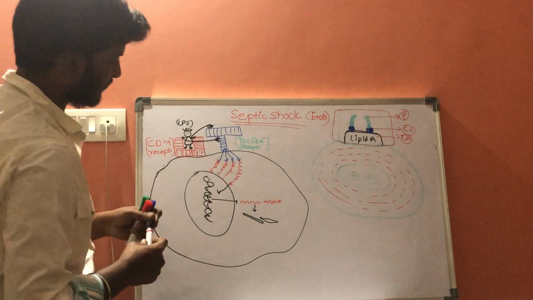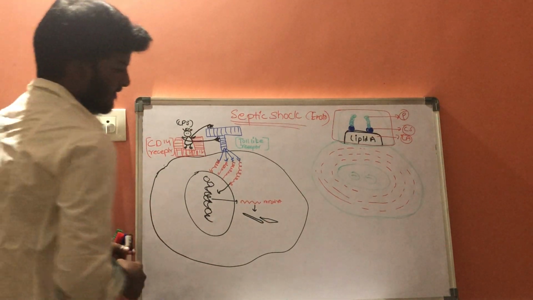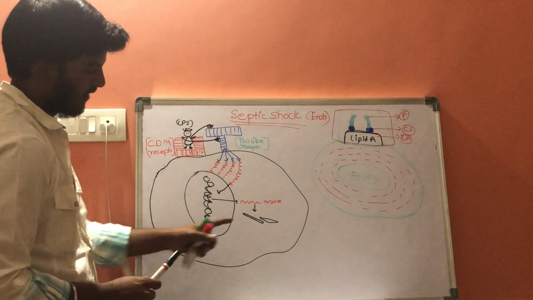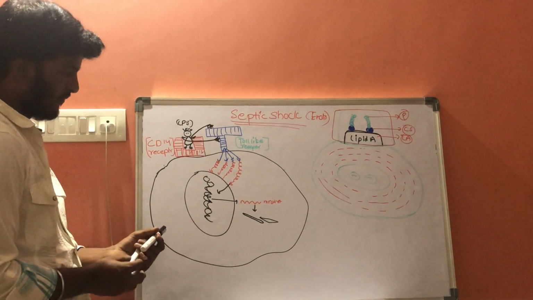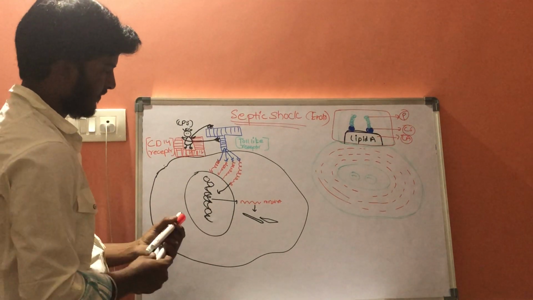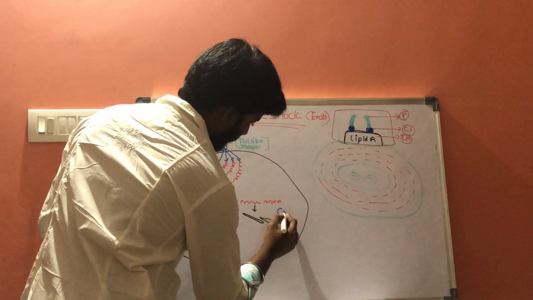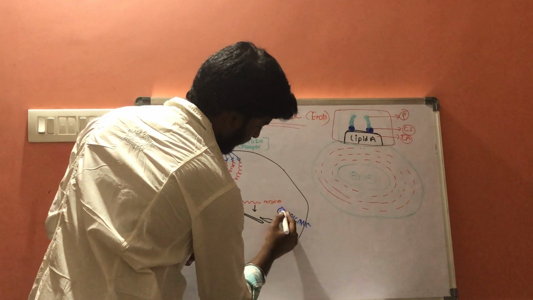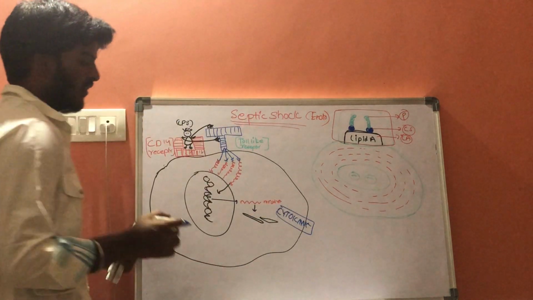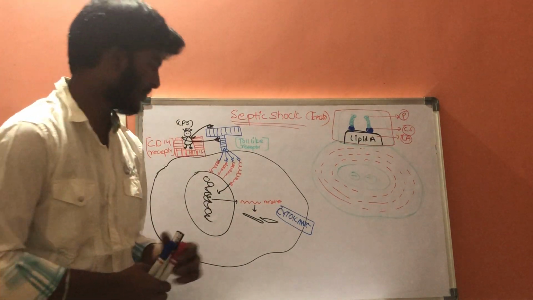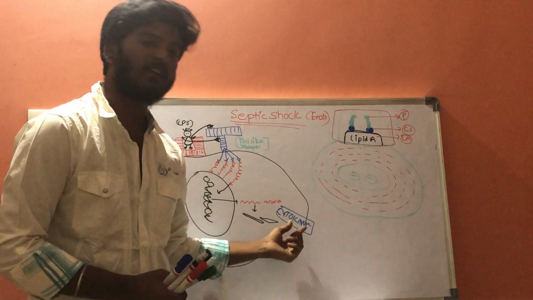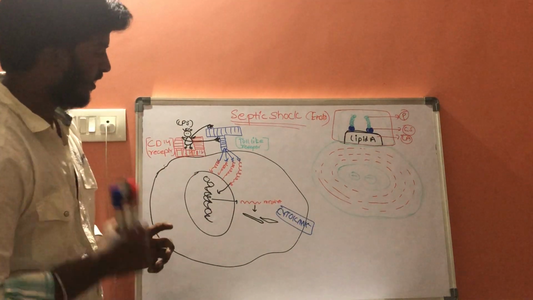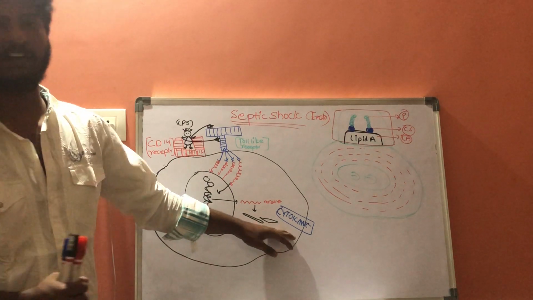Now these proteins which are formed by the macrophages are called cytokines. What is the normal function of cytokines?